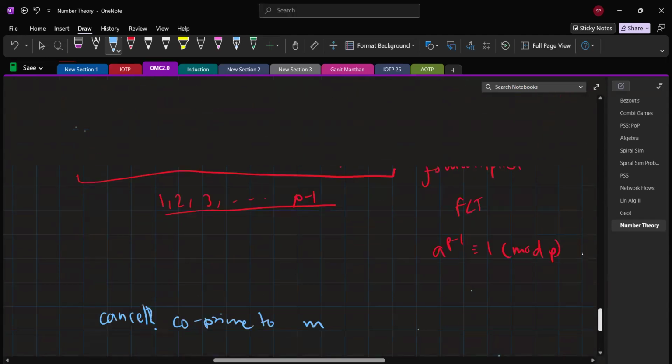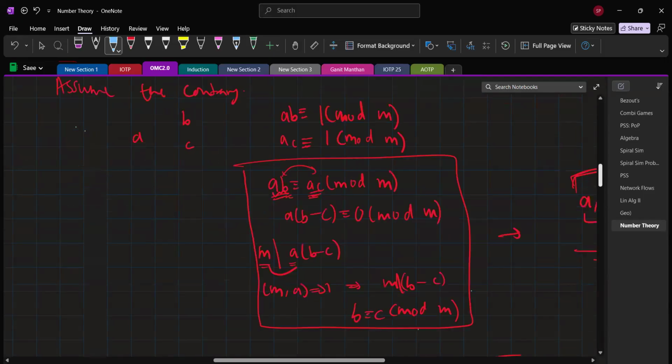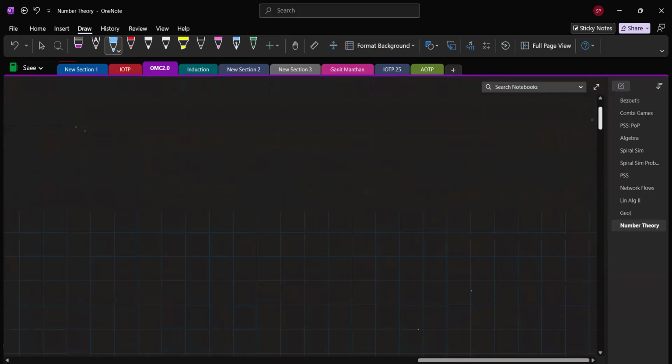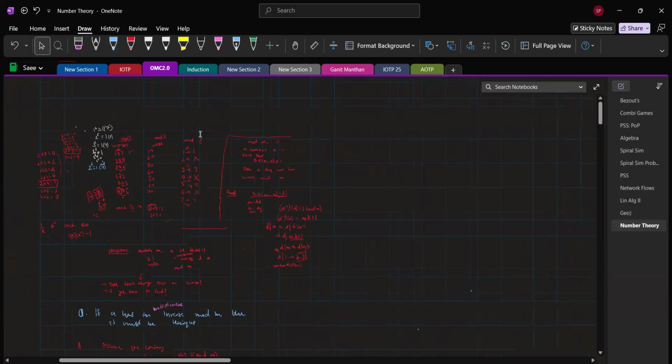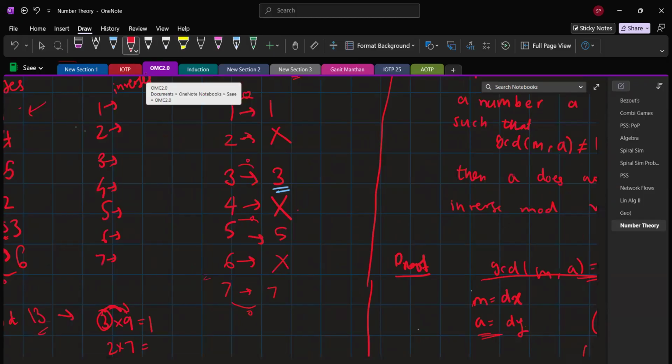For example, let's go back to the example of 8 that we had. Let's say we want to look at multiples of 3. We only look at multiples of 3 with multipliers that are coprime to 8.